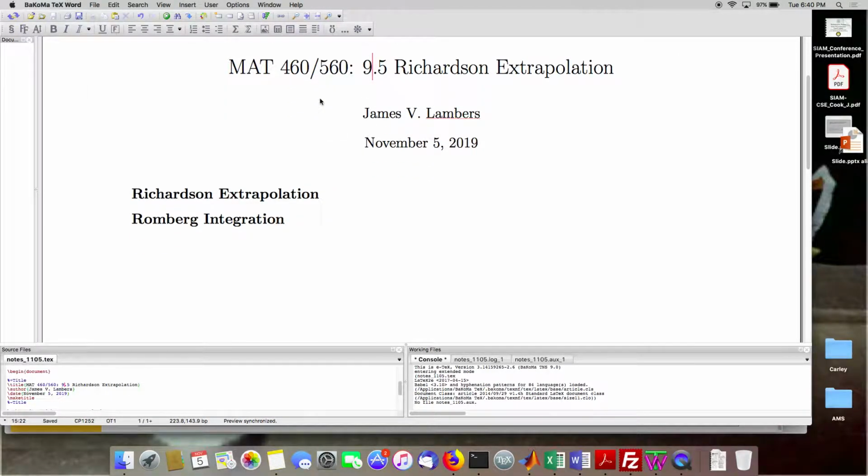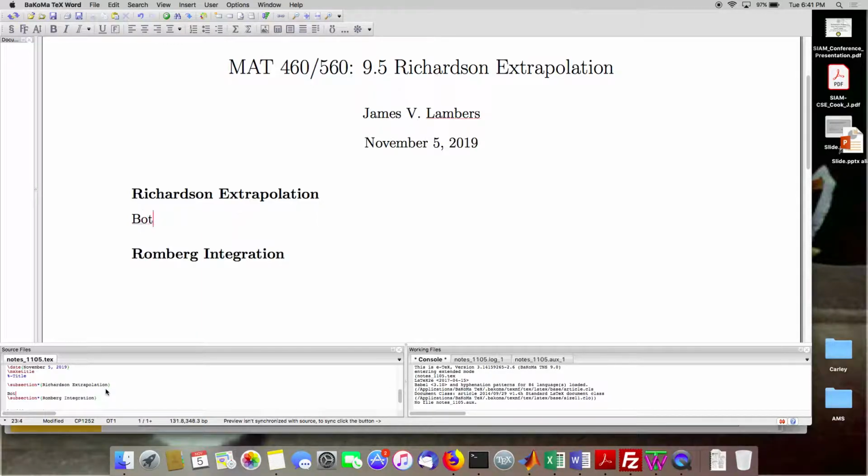This section is about taking methods that we've already seen for numerical differentiation and integration, and being able to obtain a more accurate approximation from the ones that we're able to compute already. That's the idea behind Richardson extrapolation, also known as just extrapolation to the limit.